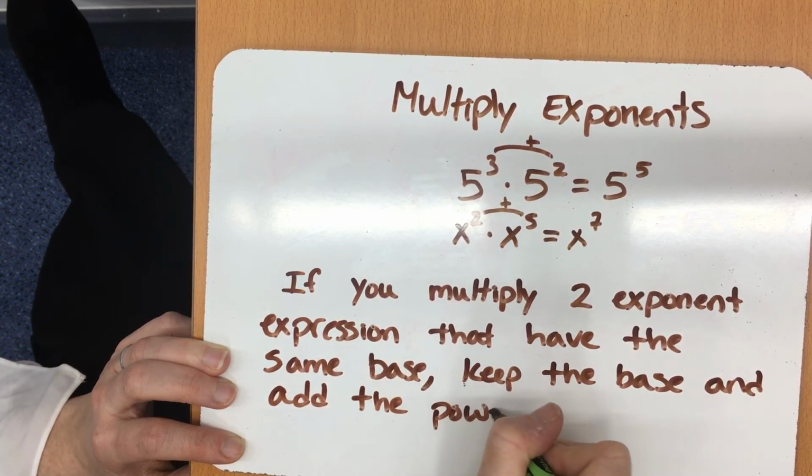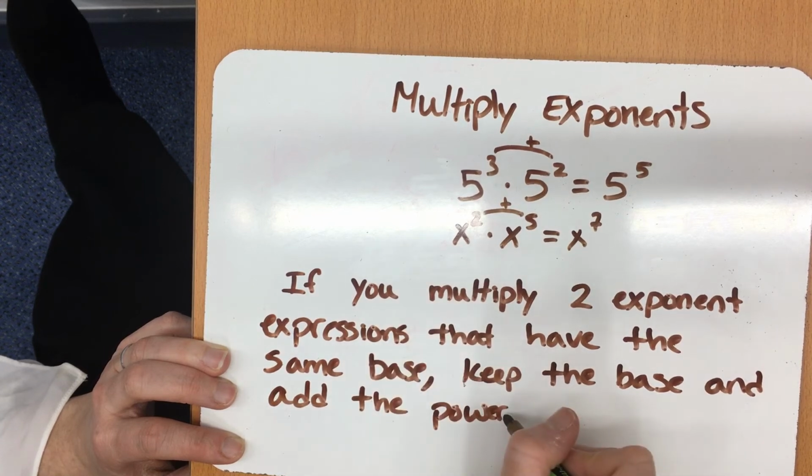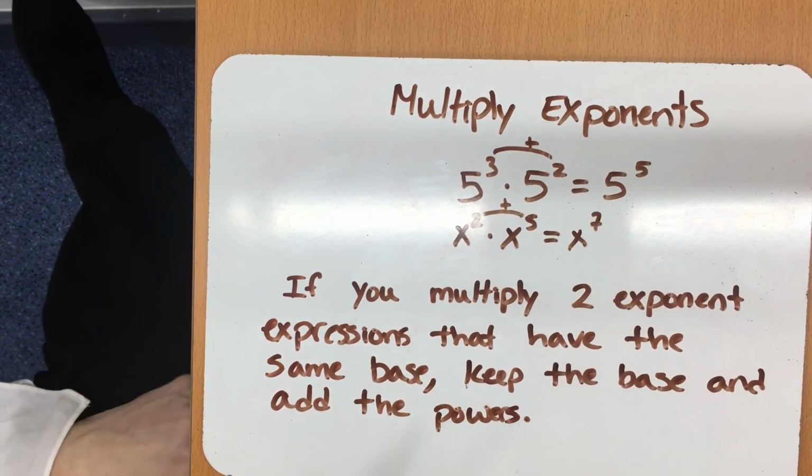So if you multiply two exponent expressions that have the same base, keep the base and add the powers.